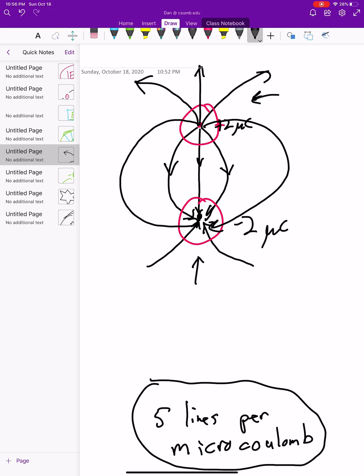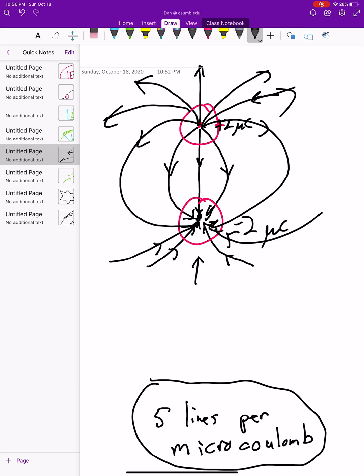So I'm at 1, 2, 3, 4, 5, 6, 7, 8. So I need 2 more, and I could say, good, there's one there, there's another one here, there's one there, and there's another one here. Now they each have 10 lines, either leaving them or coming towards them.